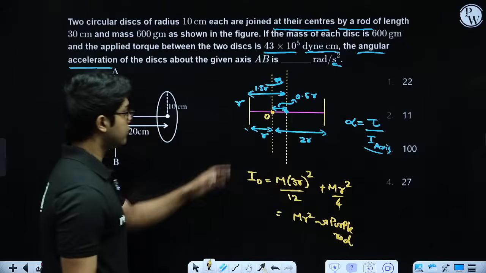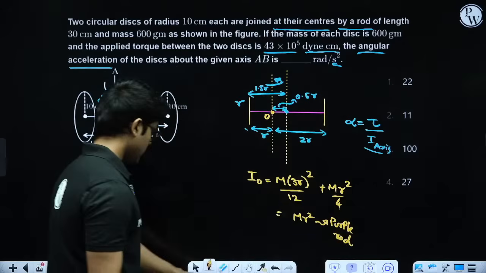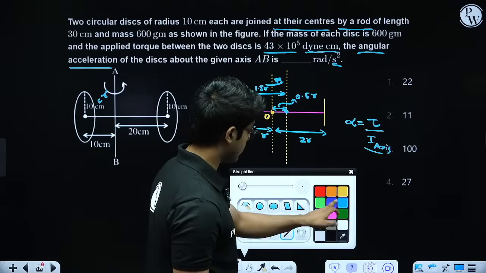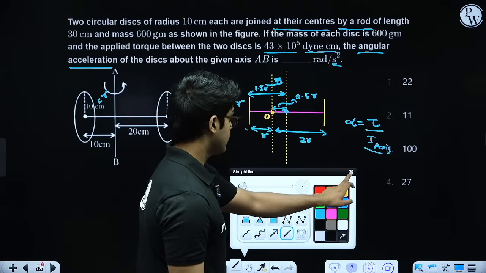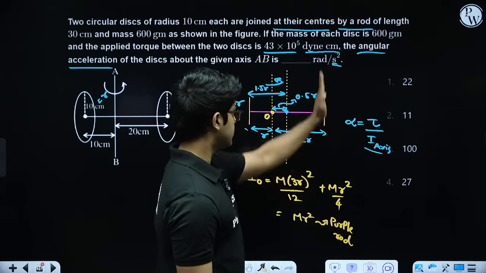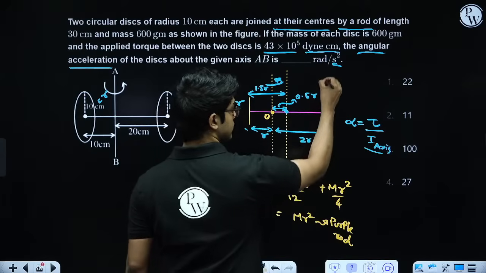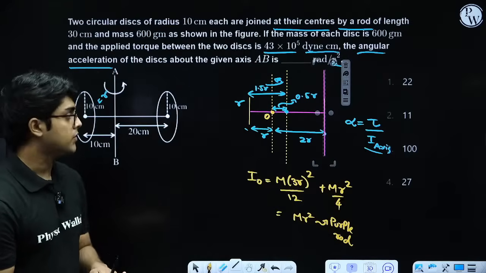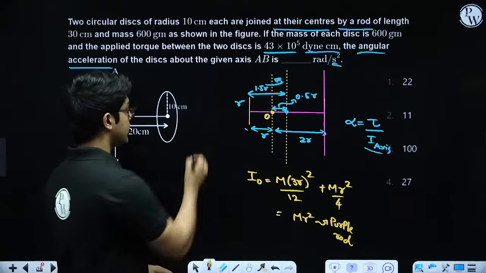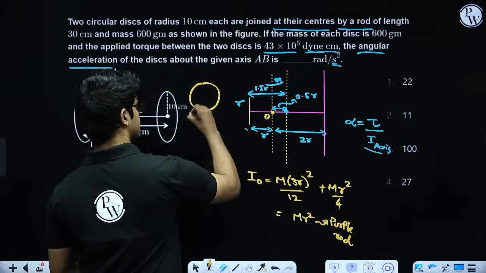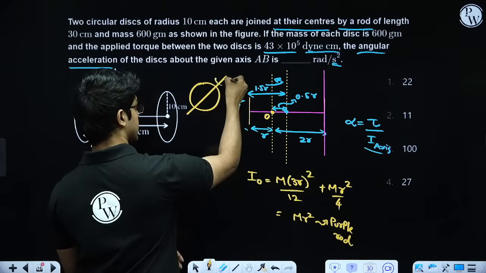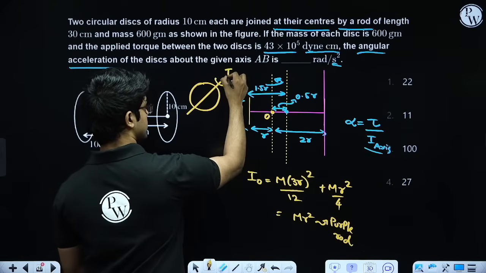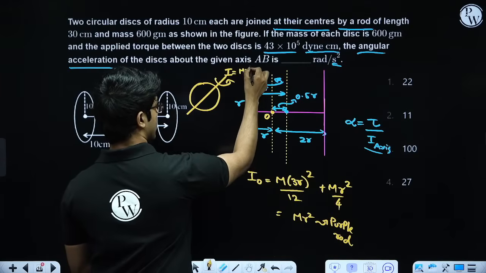Now we have to find it for the two discs. For them we'll have to once again use the parallel axis theorem. For this disc, about this axis, which is basically passing through the diameter, you could say. Whenever we have an axis which is the diameter of the disc, the moment of inertia is mr square by 4.